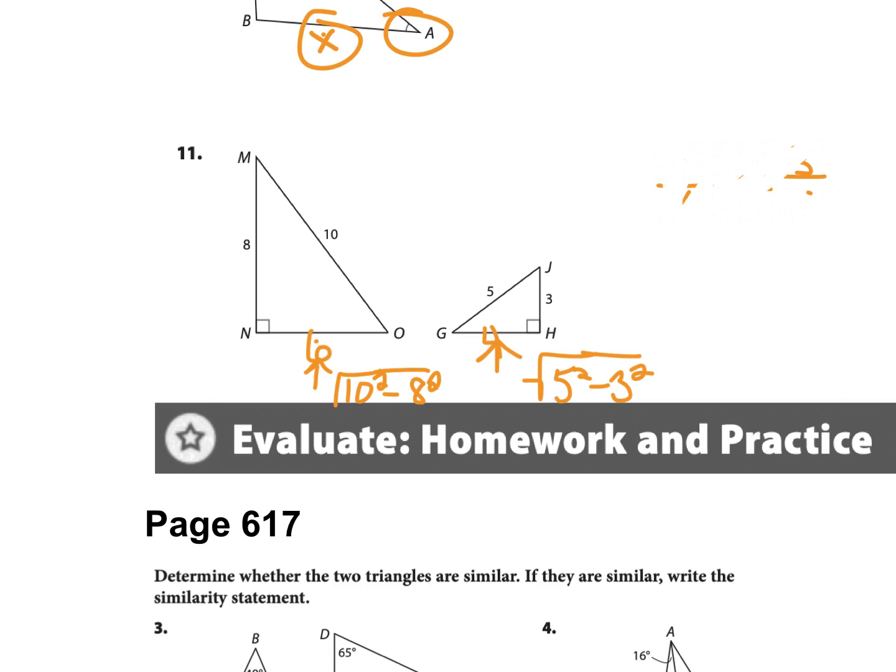So when you're writing these down, this is the smallest side. It's got to match up to the smallest side. So 3 over 6 is to 4 over 8.